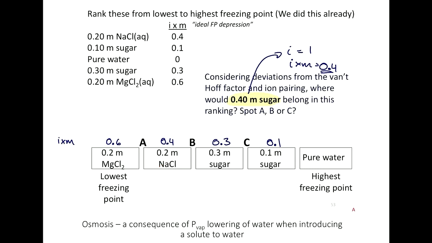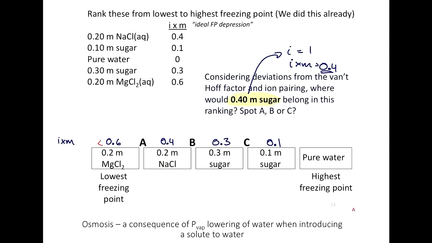But now let's consider ion pairing, okay? So will magnesium chloride have an actual I times M product of 0.6? No, it's going to be adjusted how? It's going to be slightly lower than 0.6. What about NaCl? Will it have an exact 0.4?